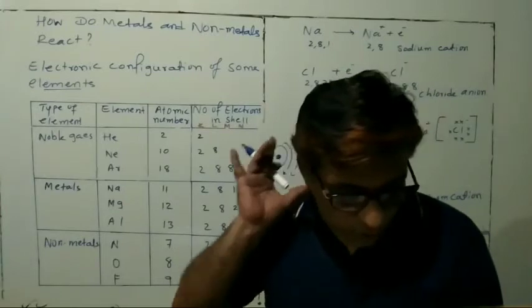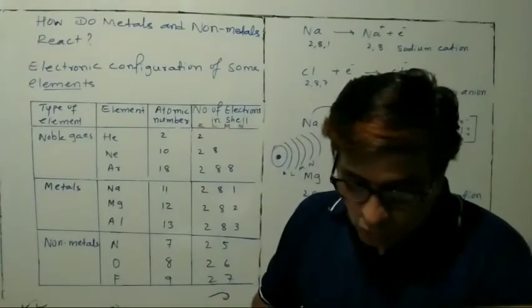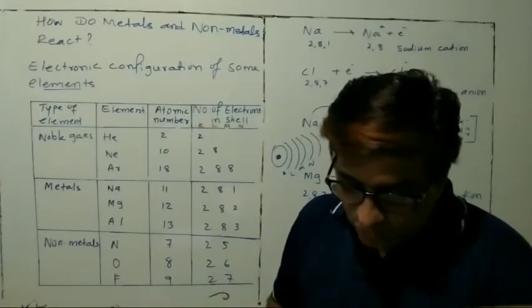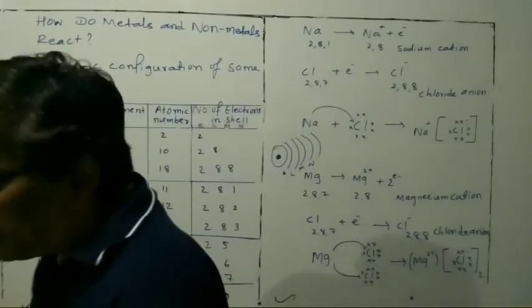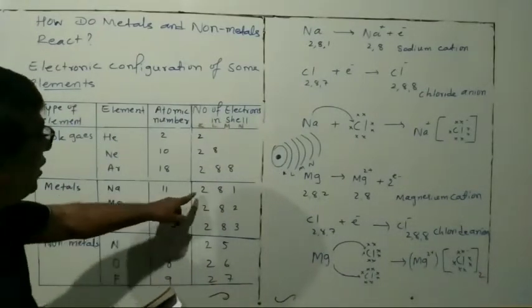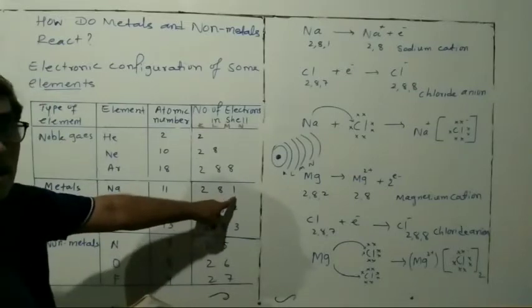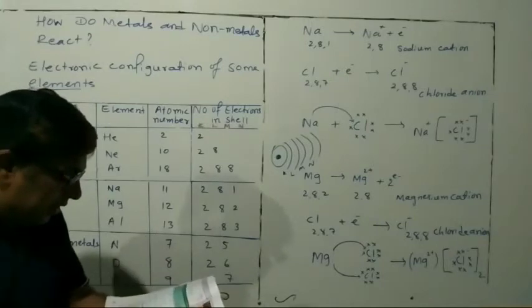Now we see an example. We can see that a sodium atom has one electron in its outermost shell, 2, 8, 1.